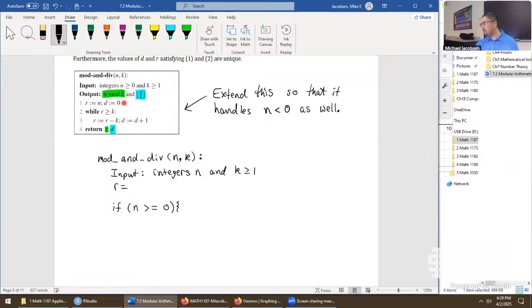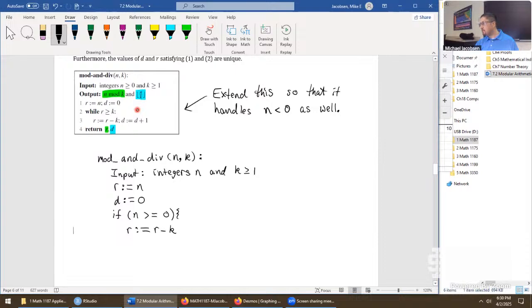I'll write it as r defined to be, or set equal to, n, and maybe on another line down here, d defined to be 0. Now, if n is greater than or equal to 0, we run this part right here. So we'll set r to be r minus k, that division by subtraction example that we were looking at earlier.